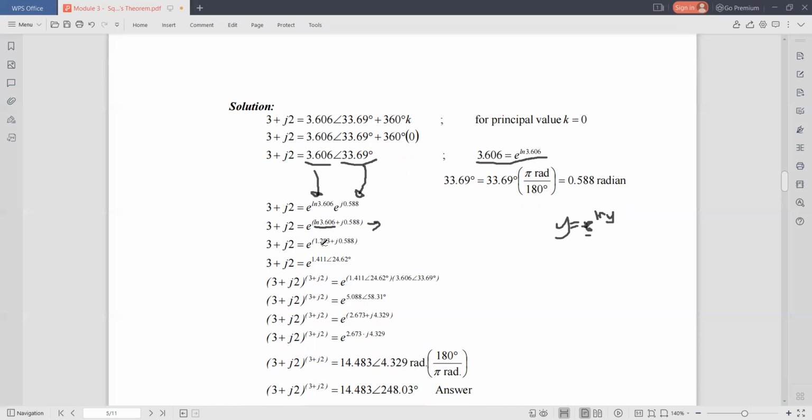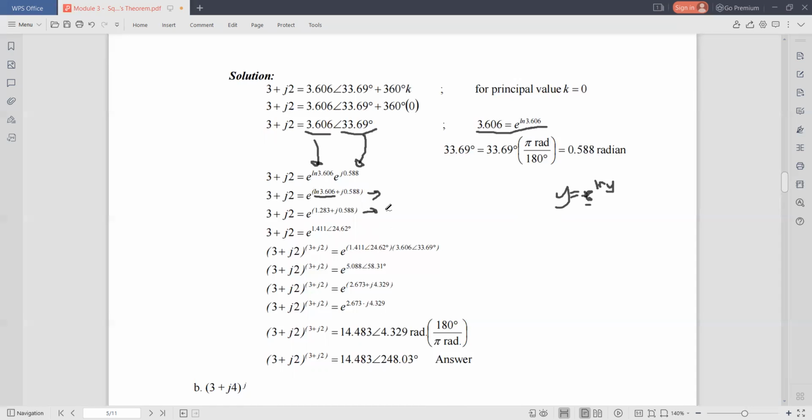You have your rectangular form now, that is 1.283 plus j 0.588. Next, we need to convert into polar form, r angle of theta degrees. From 0.588, convert natin yung radians into degrees. So that is 1.411 angle of 24.62 degrees.